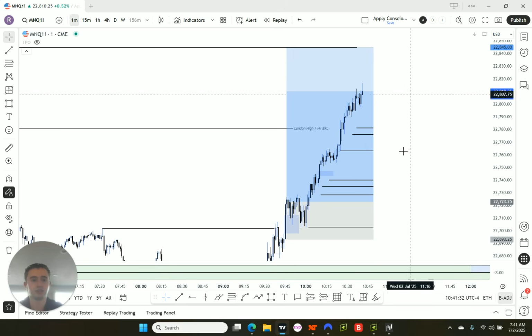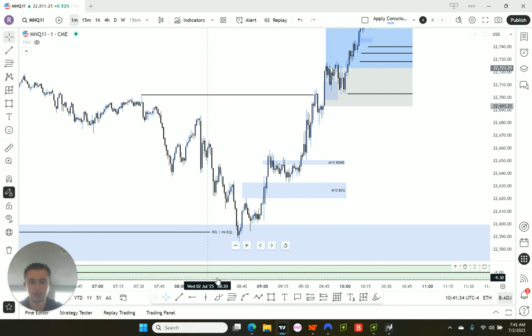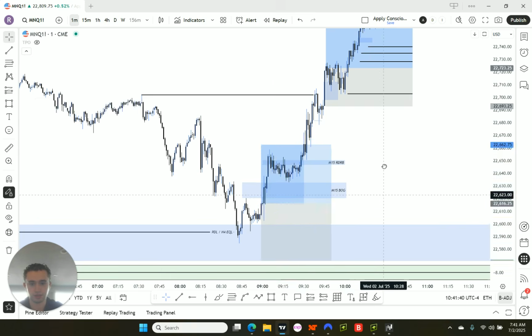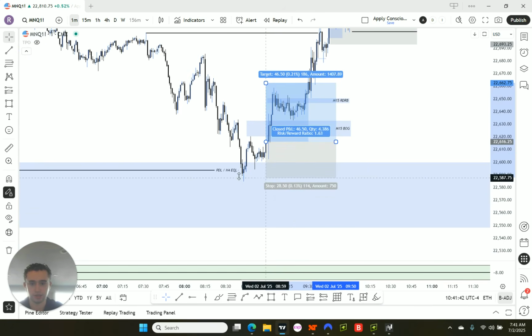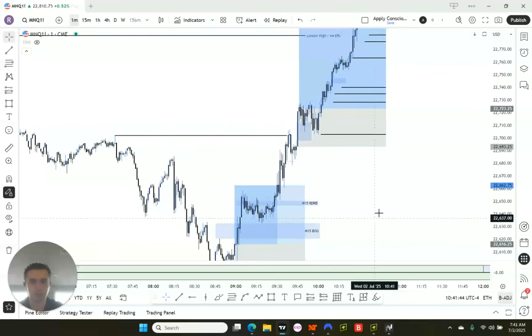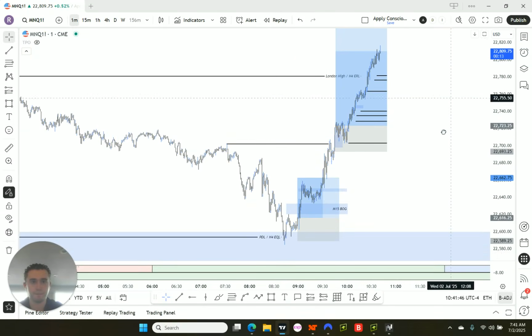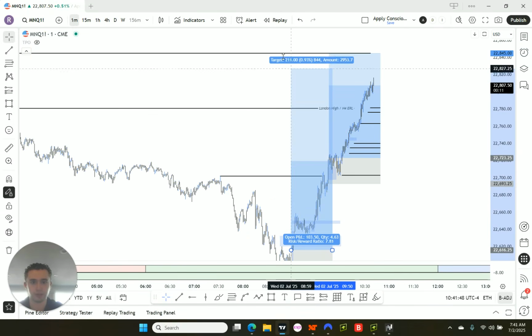Honestly, if you were here, the play would have been right here. That is the play. Stop loss just at the candle bodies. That would have been some monstrous trade. Look at that.